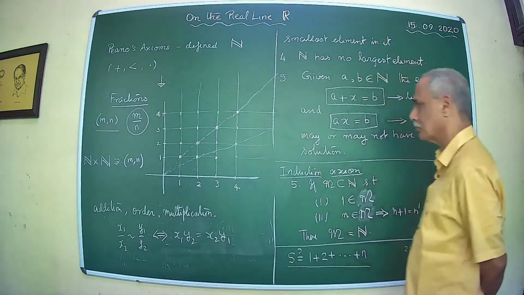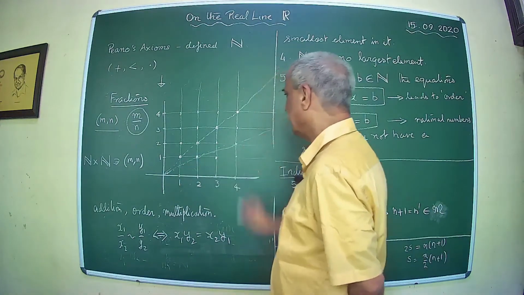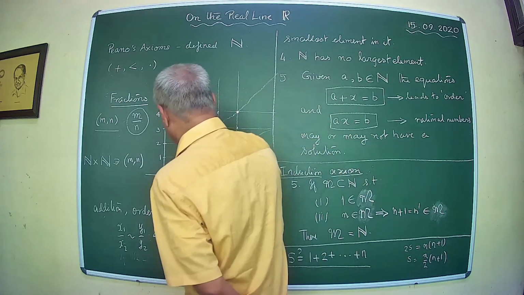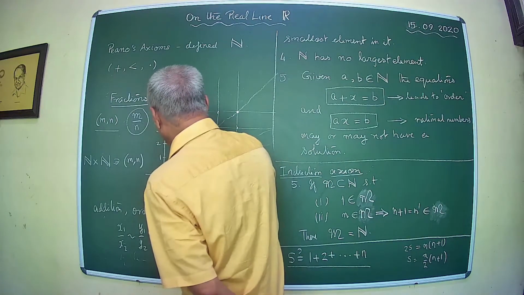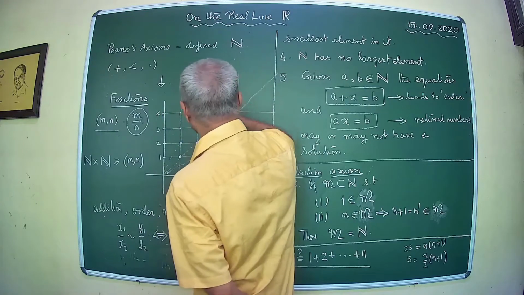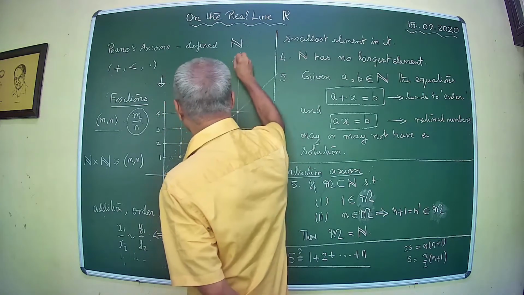The points are not properly marked, otherwise this straight line should pass through, as you know. And you see that 1 2 and 2 4 should have the same line passing through them, starting with the origin.